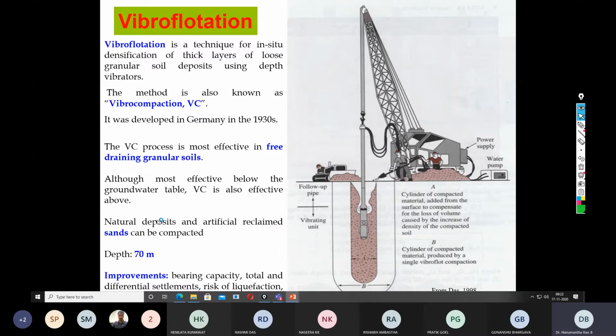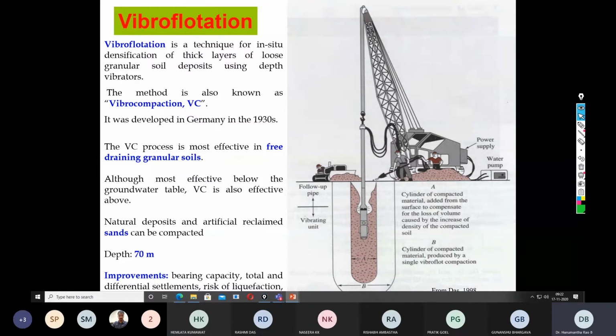The deposits have to be coarse granular materials like sands. Vibro flotation is basically valid for in situ densification of free draining granular soil such as sands. This technique is effective up to a large depth of 70 meters.